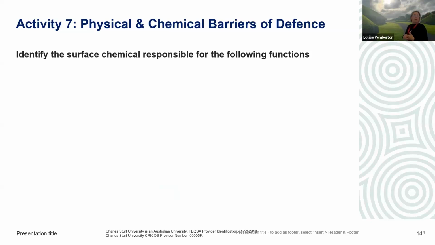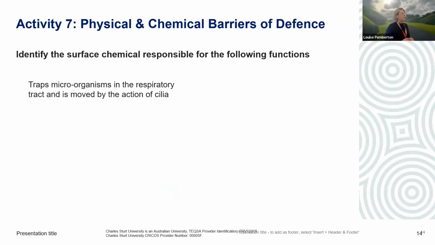All right, now, identify the surface chemical responsible for the following functions. What surface chemical traps microorganisms in the respiratory tract and is moved by the action of cilia? Pardon? So what traps things? The villi.